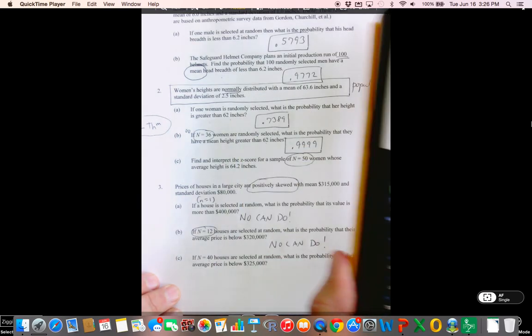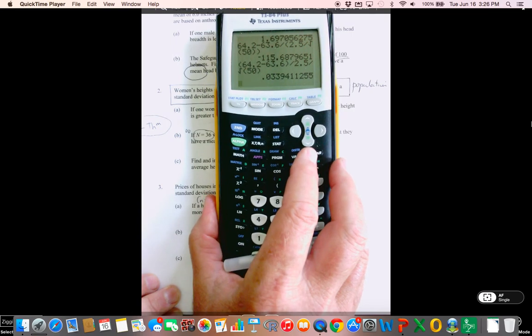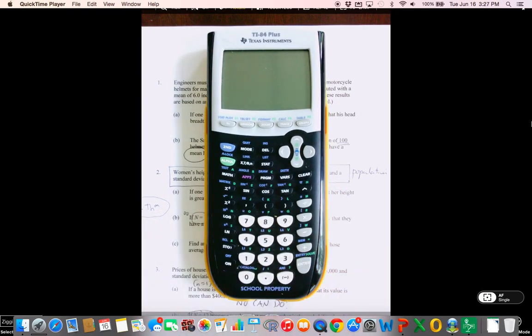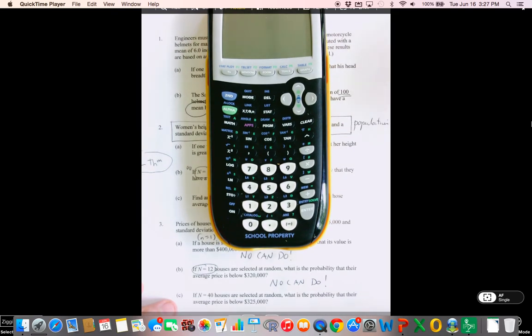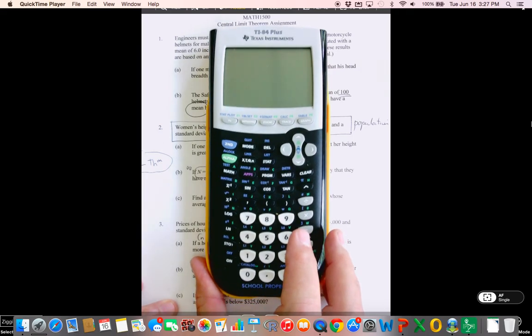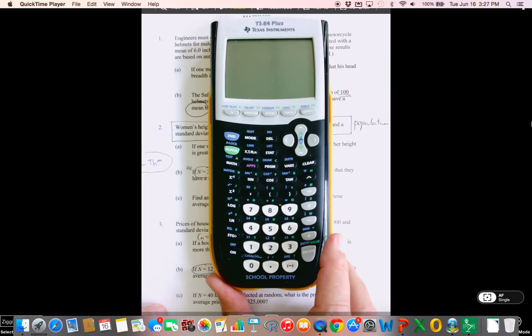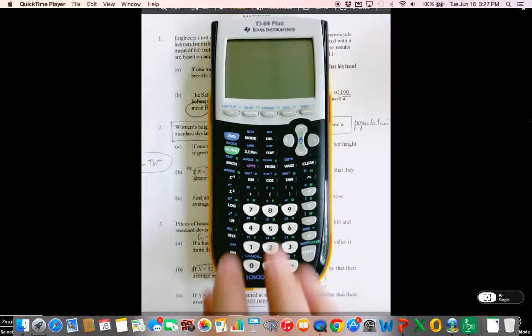So what do we got? 315,000 and 80,000? Well, shoot, this isn't working at all. So, all right, that's about as good as we're going to get. So we have 40 houses. We want below 325,000.